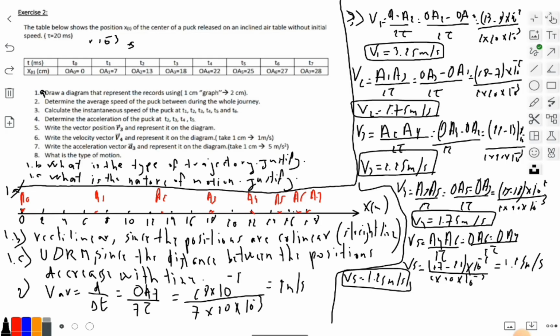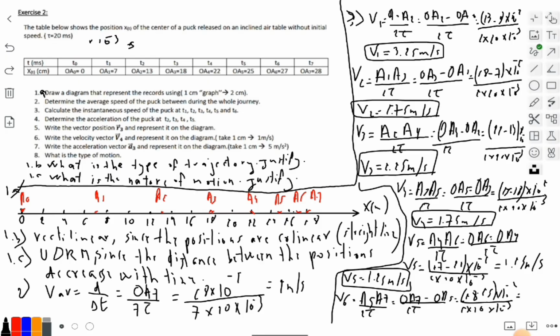Finally, V6 equals A5A7 over 2 tau, equal to OA7 minus OA5 over 2 tau, equal to 28 minus 25 times 10 to the power minus 2 over 2 times 20 times 10 to the power minus 3.